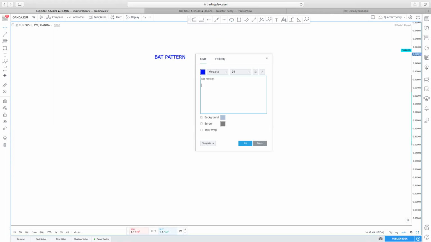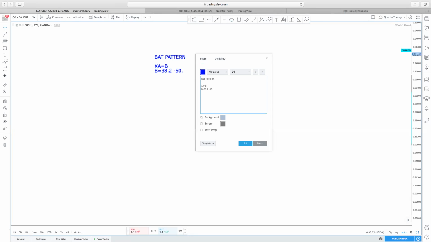So a bat pattern has an XA leg, which is how we all start. XA will equal your B point. Following me so far? Your B point for a bat pattern will be 38.2 to 50%.